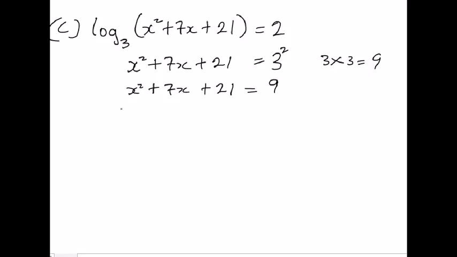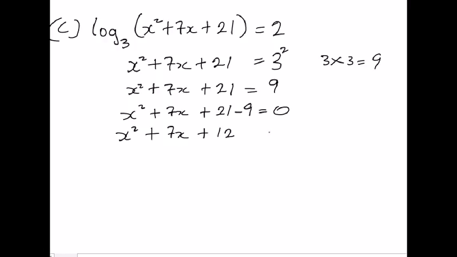Now, you collect the like terms. x squared plus 7x plus 21. This is plus 9. It will change to minus 9. Everything equals 0. So x squared plus 7x plus 21 minus 9 equals plus 12, equals 0.